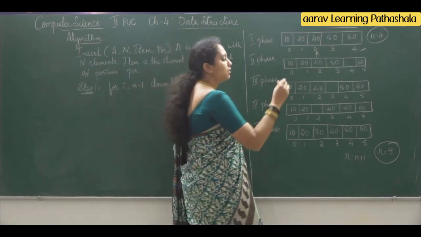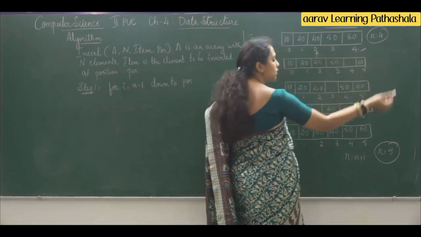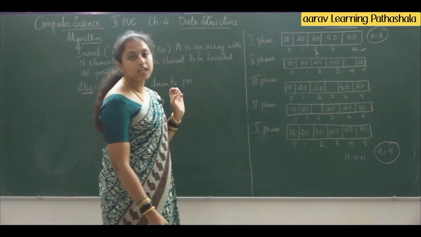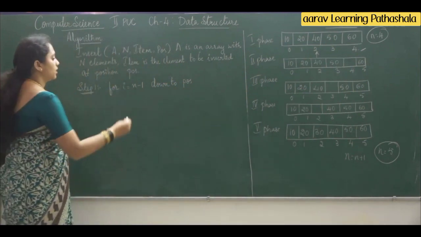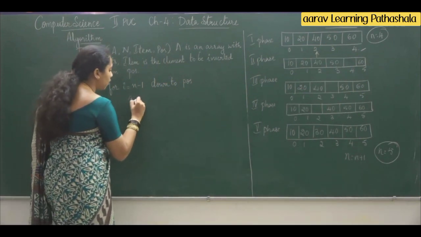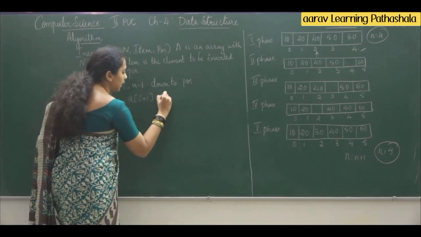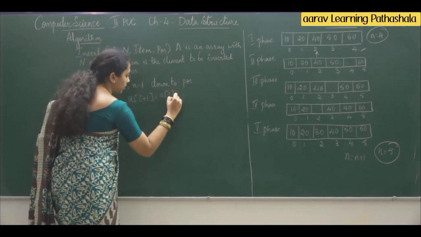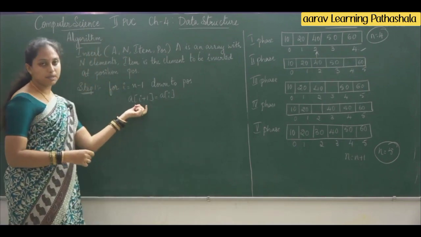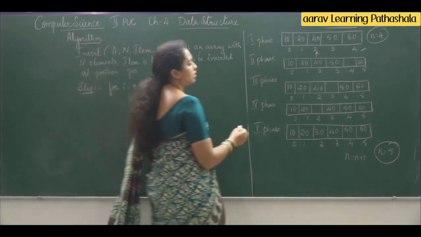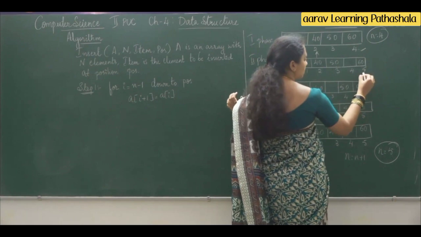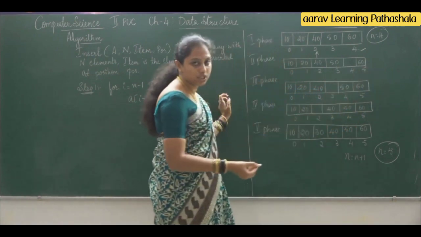What we have to do? We have to shift the elements to its next higher position. So A of I plus 1 becomes A of I. So what is this A of I plus 1? So A of I plus 1 is nothing but the next higher position.